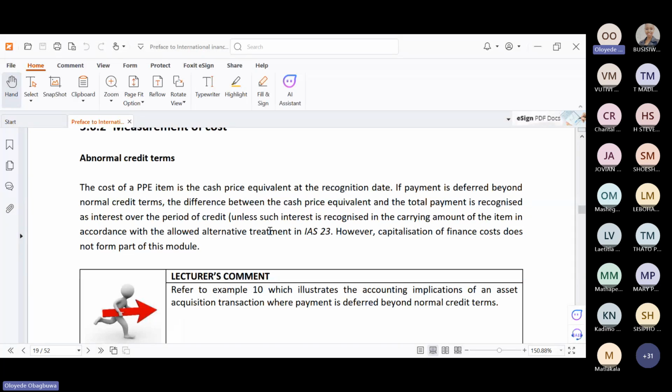And if it is beyond the normal credit period, which at times is just 3 months, then the issue of interest will come in, and you have to be calculating the present value of such total interest and all that. But now it's not part of this model.